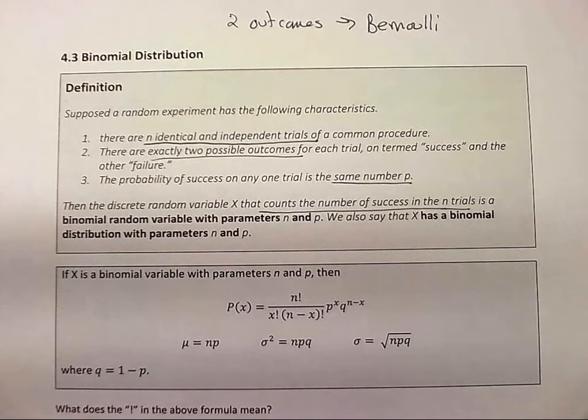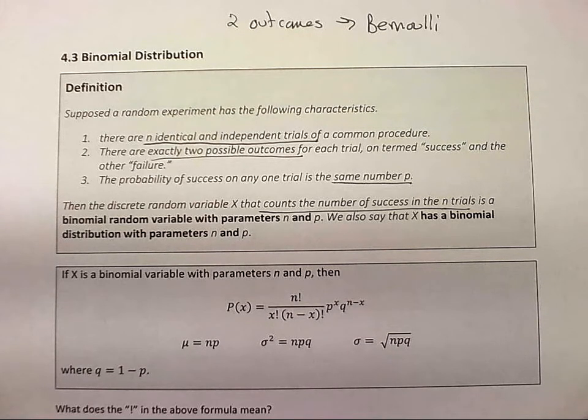Now, technically speaking, like I just said, those are Bernoulli random variables. So let's take a step aside and see the difference between a binomial random variable and a Bernoulli random variable. If you only flip a coin once, that's our experiment. You're flipping a coin once. You can either get heads or tails. That's Bernoulli.